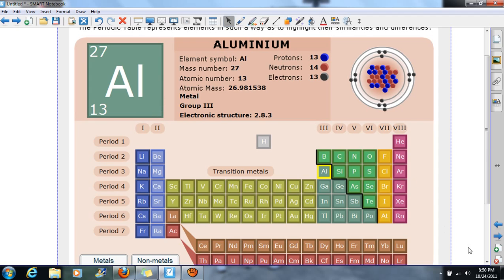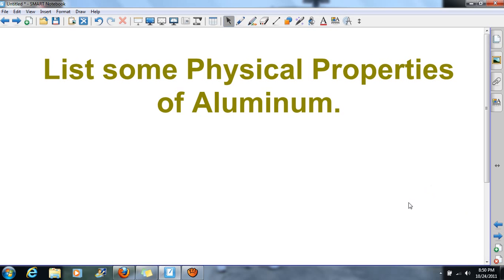Before we start our notes, what I'd like for you guys to do is list on your paper right now, go ahead and write this down, list some physical properties of aluminum, and I would like for you to try to list as many physical properties that you can think of for that piece of aluminum you have right there in front of you.